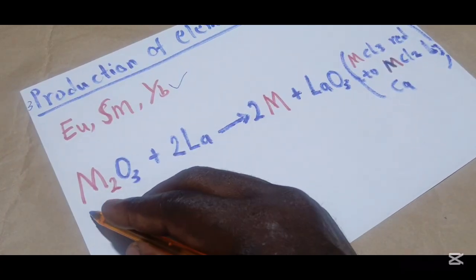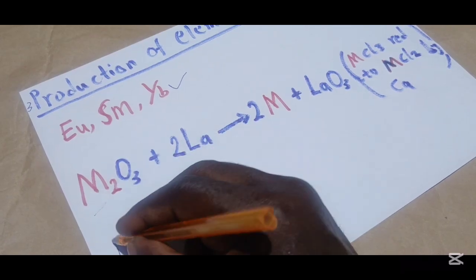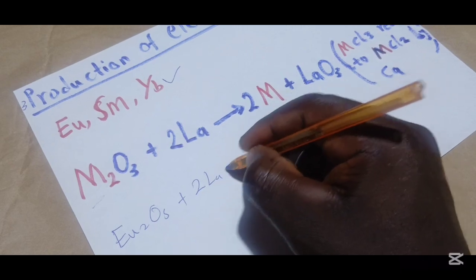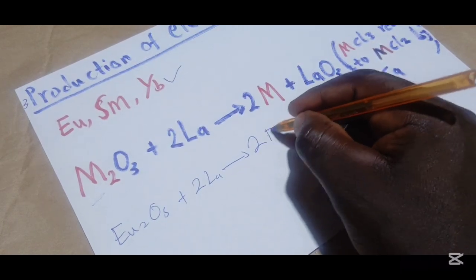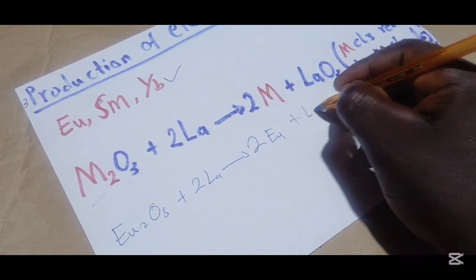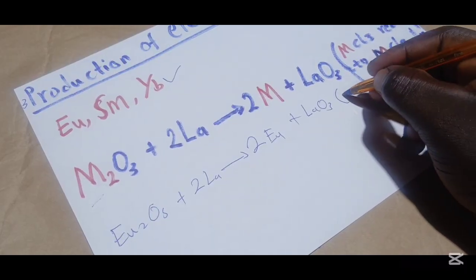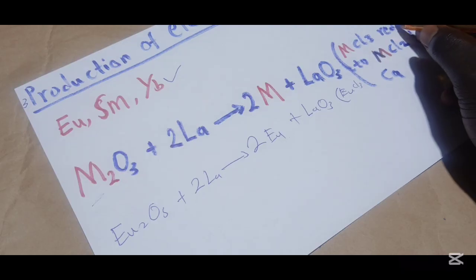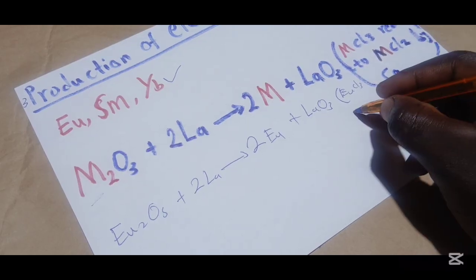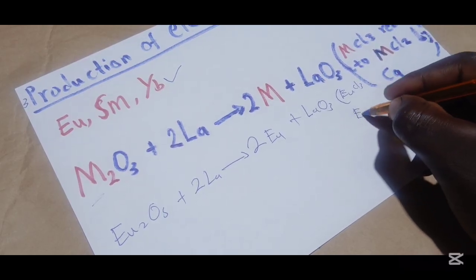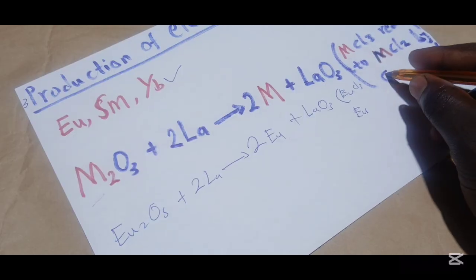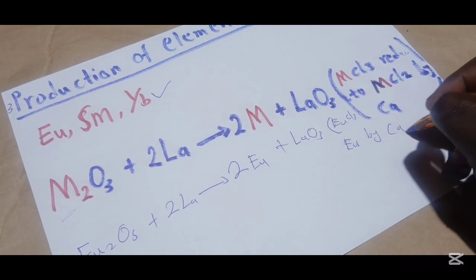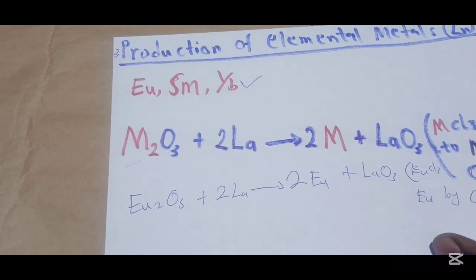Wherever you see M, it is the metal, europium: Eu2O3 plus 2La giving us 2Eu, plus La2O3. MCl3, which is EuCl3, is reduced to M, which is Eu, by Ca. So just know the equation and you'll be good to go.